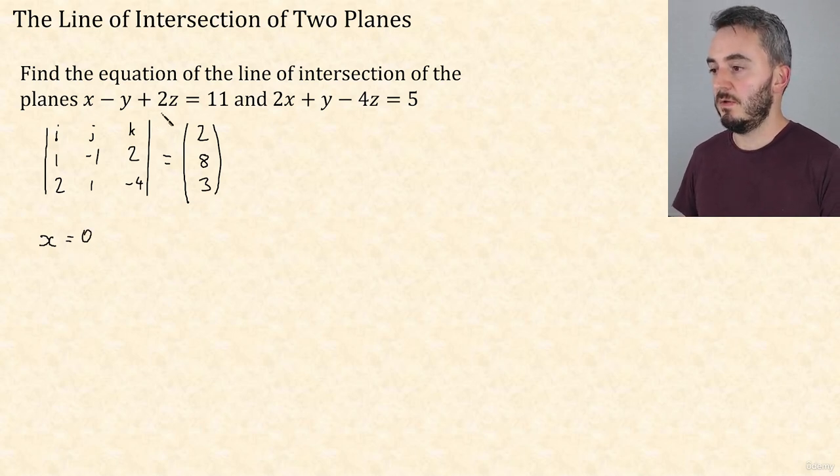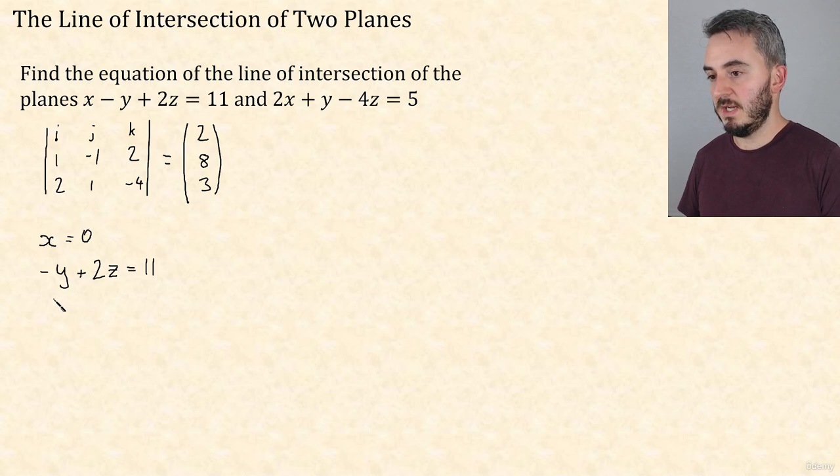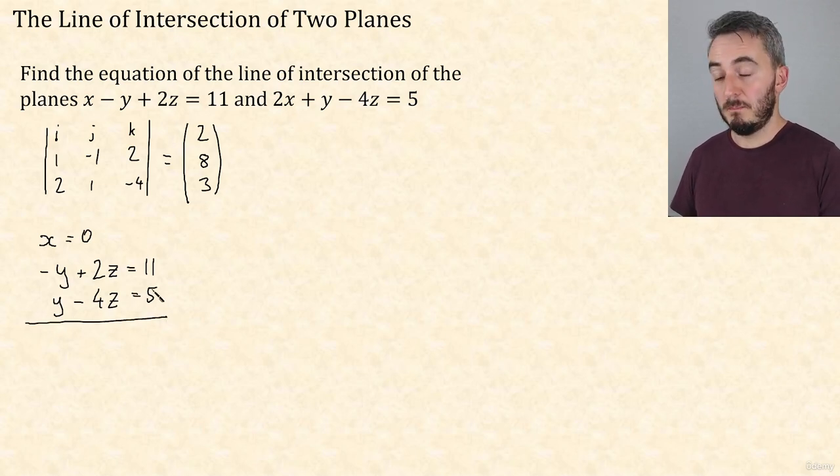If x is 0, then to be on this plane, we need minus y plus 2z to equal 11. And to be on this plane, if x is 0, we need y minus 4z to equal 5. And there are just some simultaneous equations that we can solve. And once we get our y and z values, we've got the coordinates of a point which is on both planes and therefore on the line of intersection.